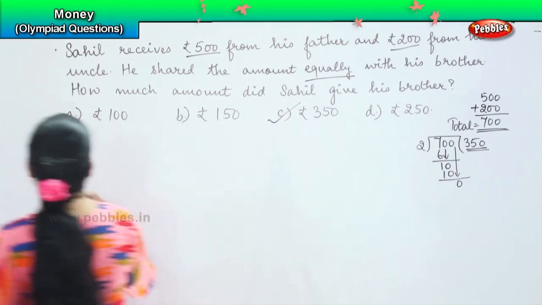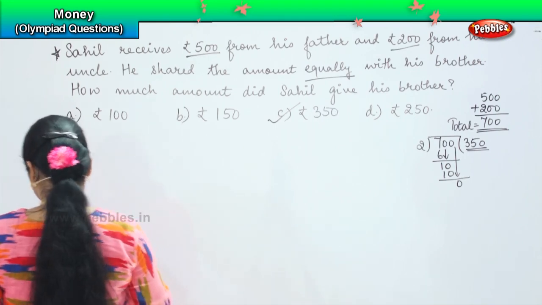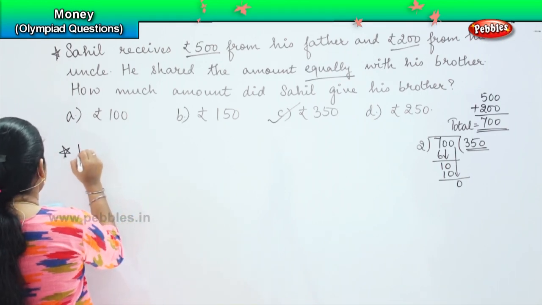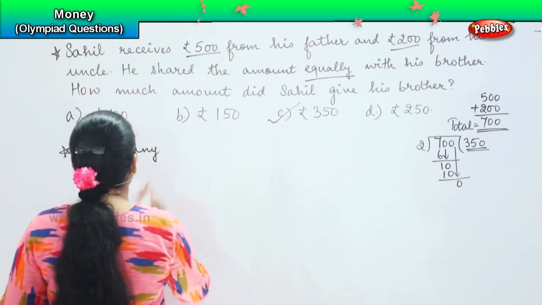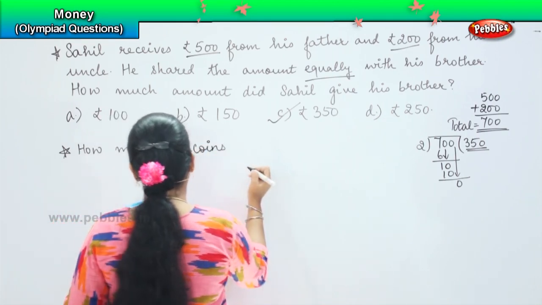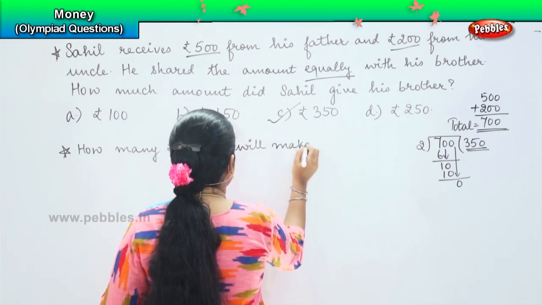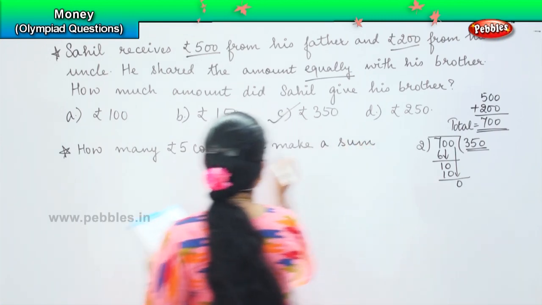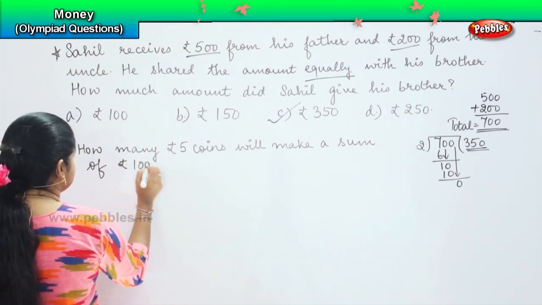Here is your next question. The next question says, how many rupee 5 coins will make a sum of rupee 100?